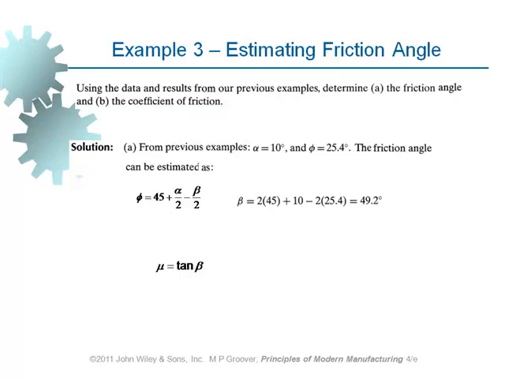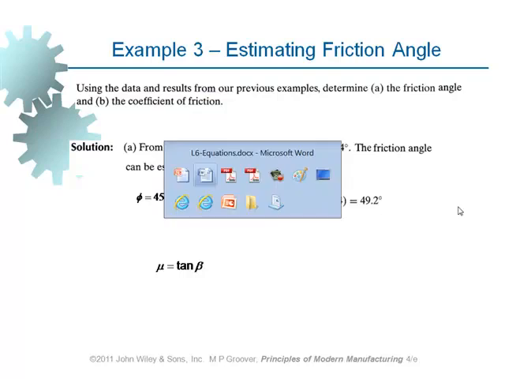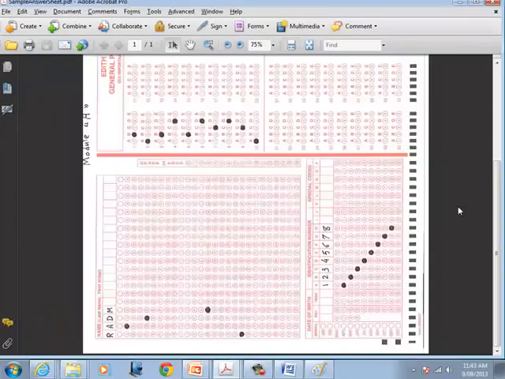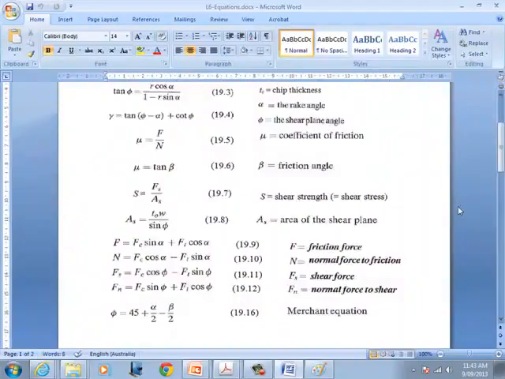So, you see, by making use of friction angle, instead of making use of this equation or this equation which requires F and N, if we want to compute mu, we need F and N which are not available at this time.